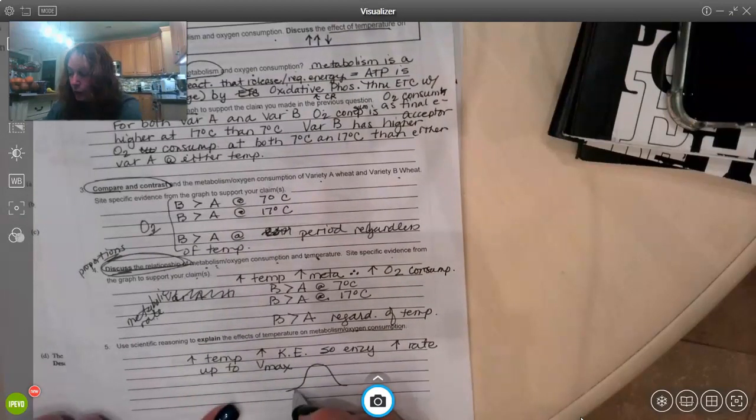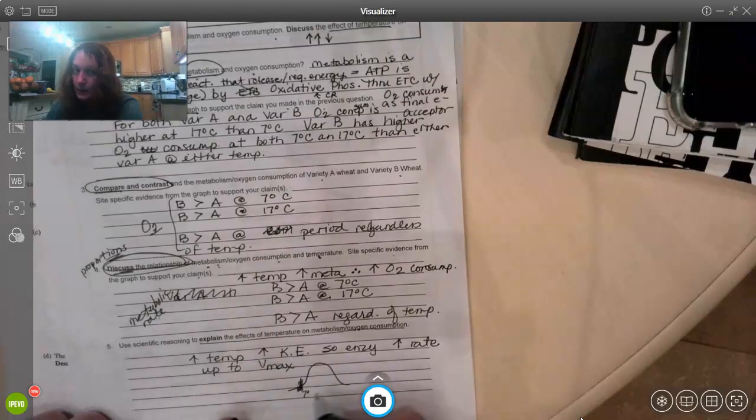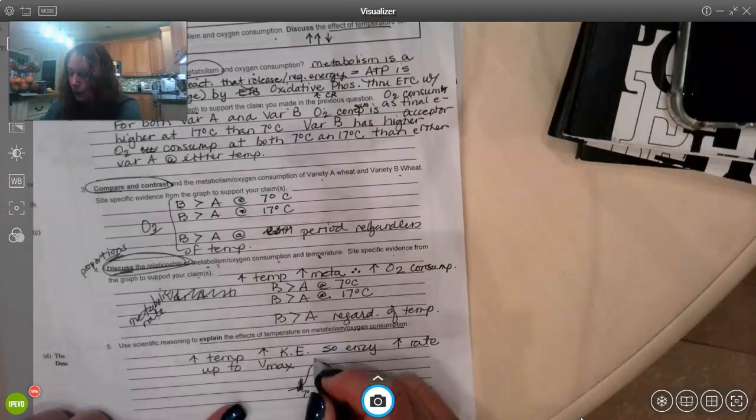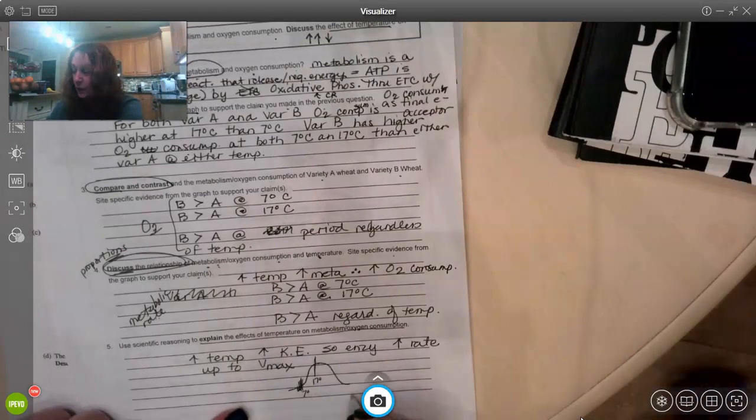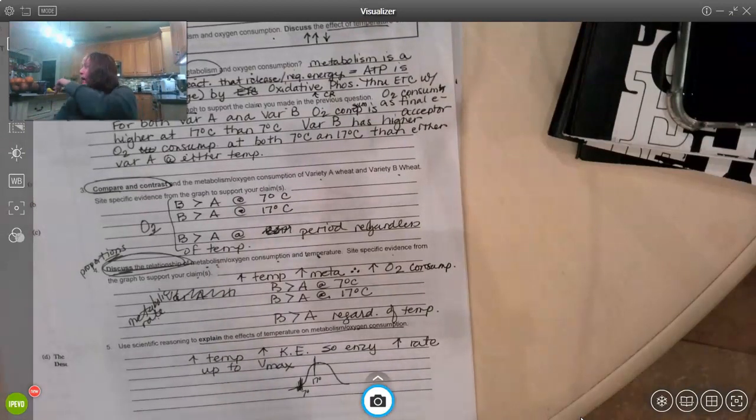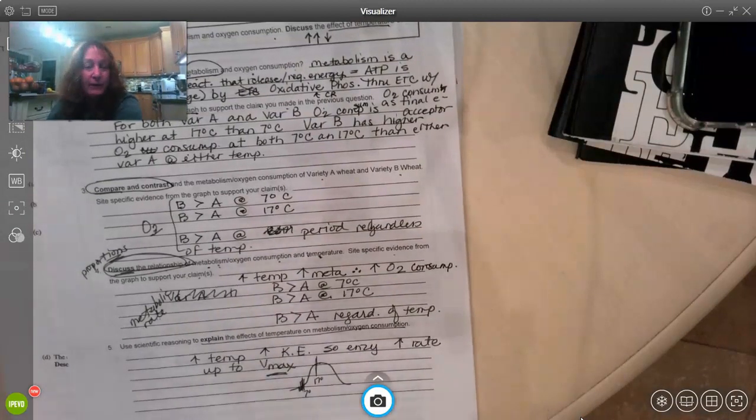So if we're over here, let's say maybe it's 7, I'm just making this up, and maybe over here we're at 17, increase in temperature, we did get an increase in rate. But if we kept on going, like if instead of 17 you went over to like 22, 25, you might turn around and have a decrease.